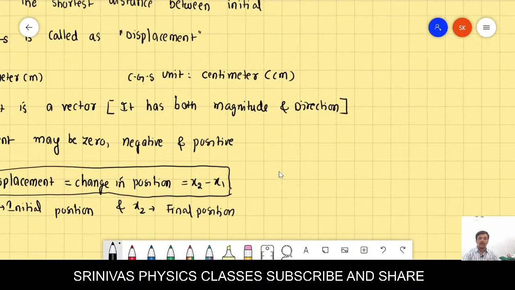Next I am going to explain with some examples for distance and displacement.